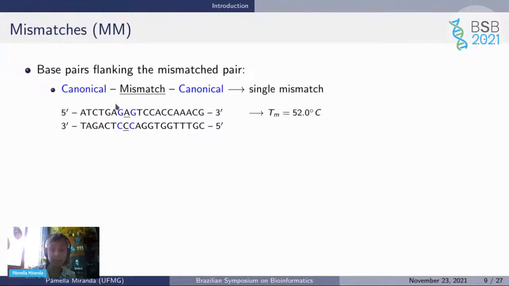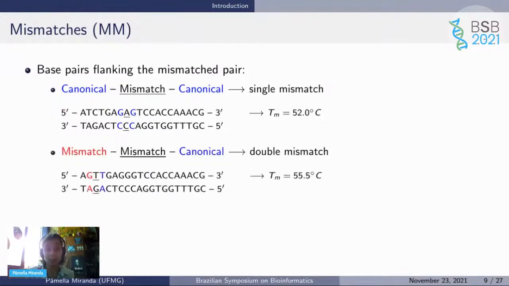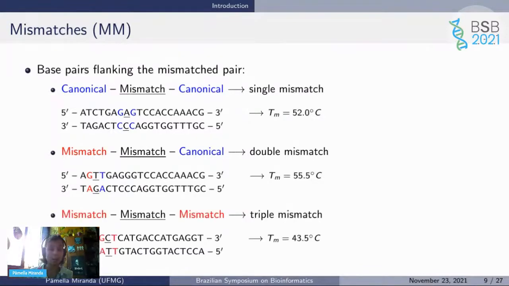One of them is when we have the mismatch flanked on both sides by canonical base pairs. The other one is when we have one mismatch base pair and a canonical base pair. And the last one is when we have a triple mismatch, so one mismatch base pair flanked on both sides by mismatch base pairs.